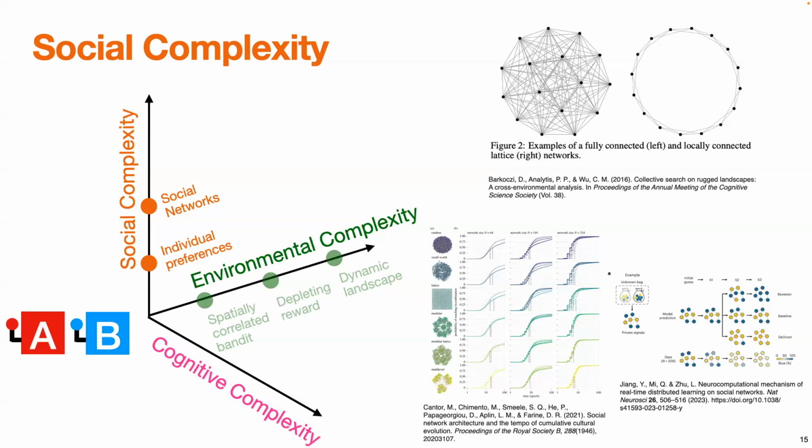Whereas when social connection is too sparse, it goes back to pure individual learning, because there's no benefit from social learning. So there's an intermediate level of connectivity and network efficiency that can promote the benefit of social learning while also reducing the risk of herding phenomena.